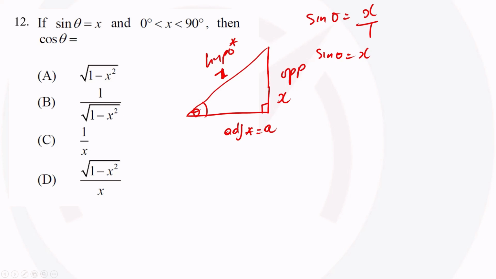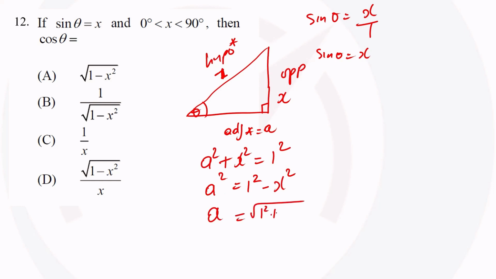So to find the adjacent, we can say short side squared plus short side squared is equal to the hypotenuse squared. So we have a squared plus x squared is equal to 1 squared. So now a squared is equal to 1 squared minus x squared, because we subtract x squared from both sides. So we can comfortably say that a would be equal to the square root of 1 squared minus x squared.